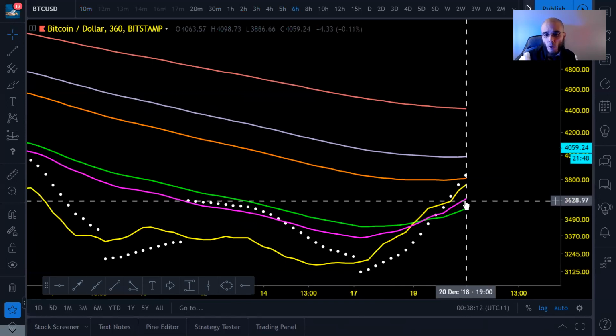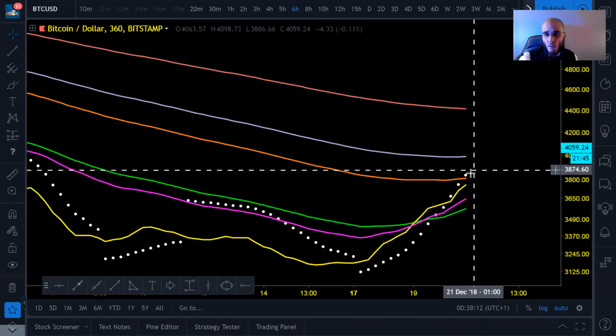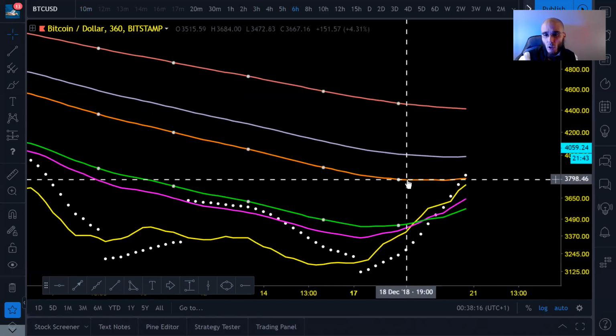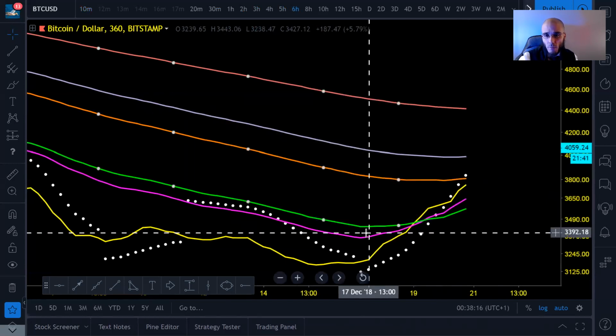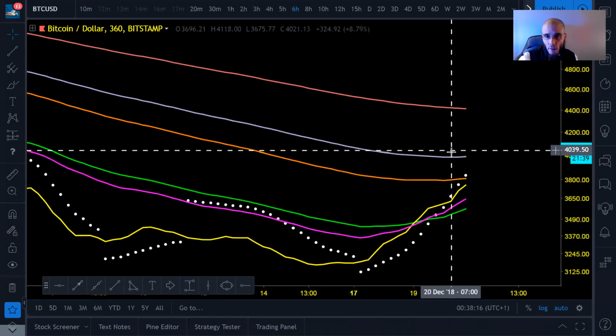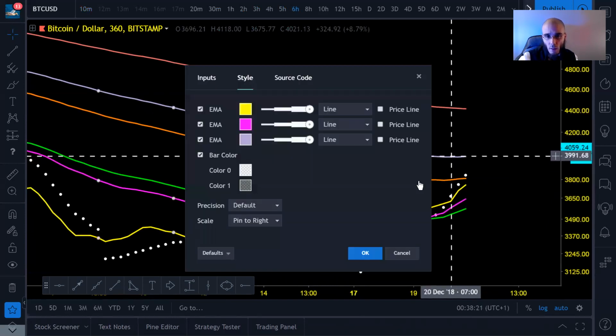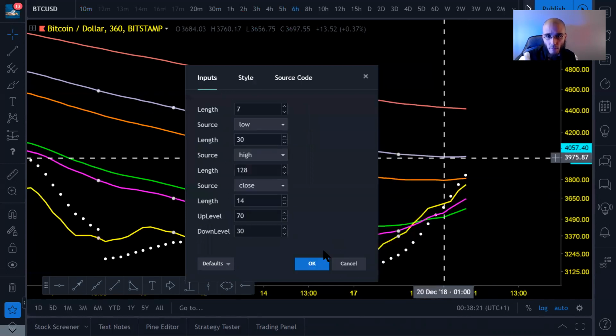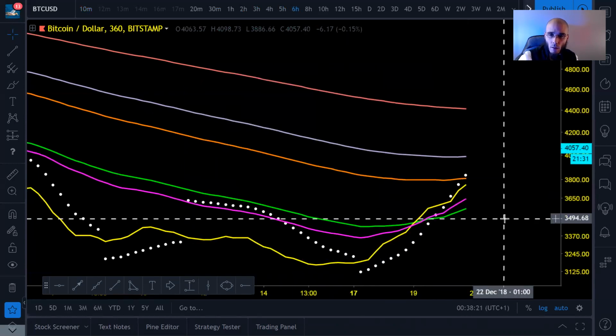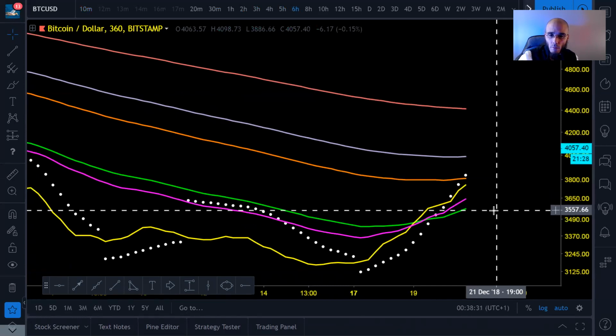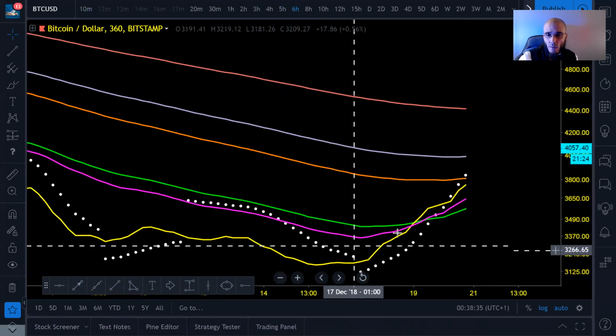You will get golden crosses when the 30 crosses the next moving average, which will be the 100 MMA. And then you have a golden cross once it crosses the 128 EMA. It starts to be bullish.